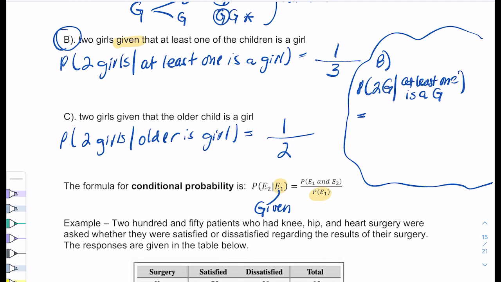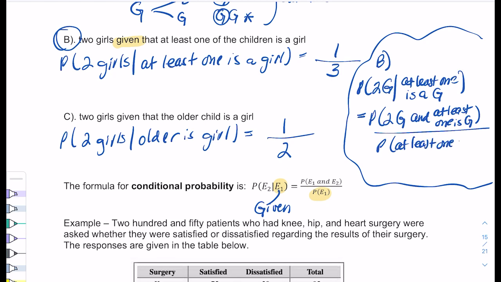The formula just says take the 2 and make them an and. So 2 girls and at least one is a girl, over the given. What's the given? That at least one is a girl.